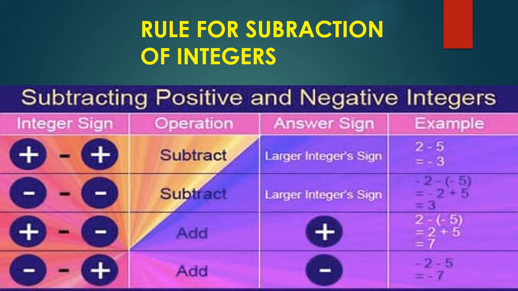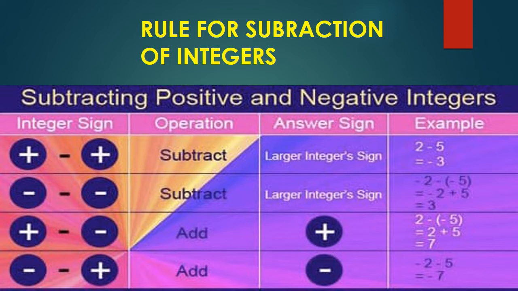So minus minus becomes plus. So minus 2 plus 5 we will have 3. So 5 minus 2 is 3 and we have given the larger integer's sign. Okay, because 5 is the larger integer and it has a positive sign. So we have given a positive sign to the answer.